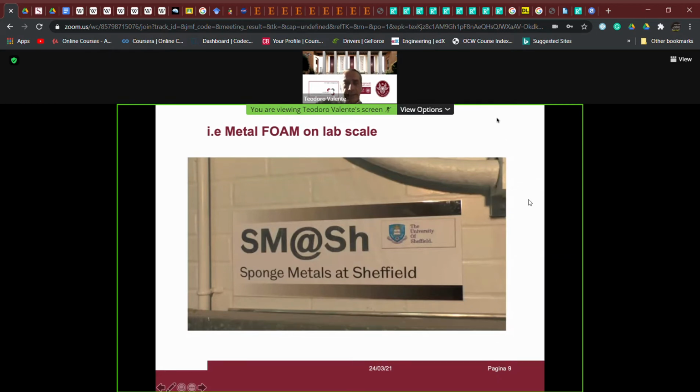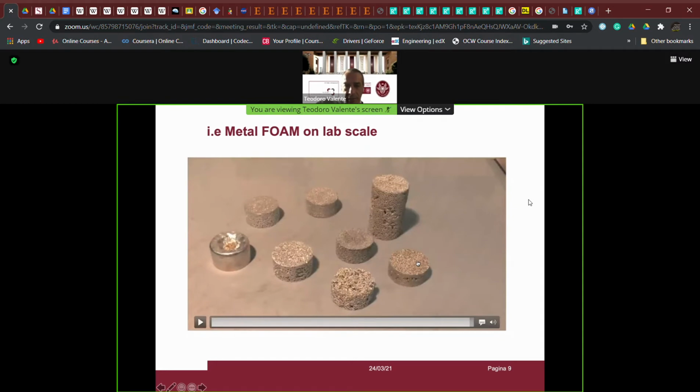This is just an example of how, in this case, on a lab scale, we can fabricate cellular materials based on metallic materials. That one was an aluminum alloy. If you have a look at this picture, you can see that the void distribution with this technology inside the cellular solid is quite irregular.